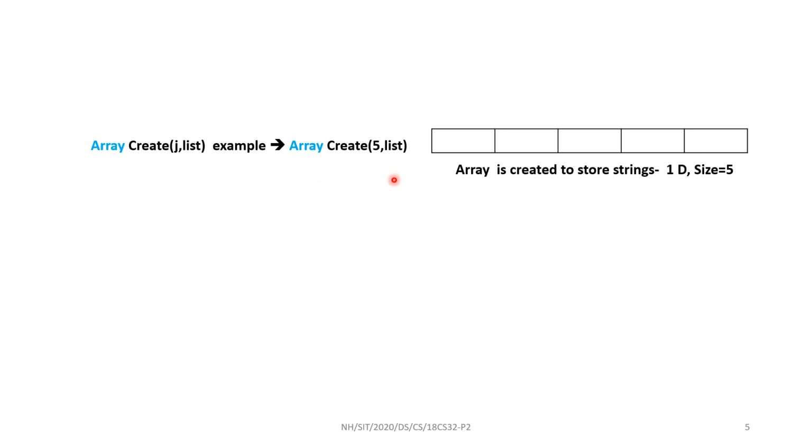This is the example. Here, a one dimensional array is created, which can hold 5 data elements. But I don't know exactly what elements are there in those places. If we don't know, we say that those locations have garbage values.